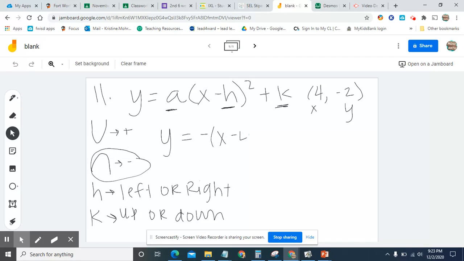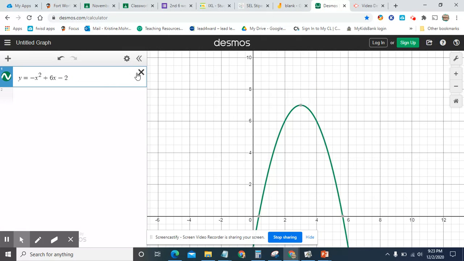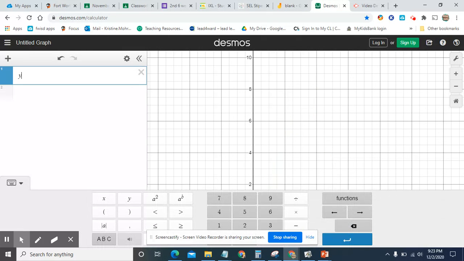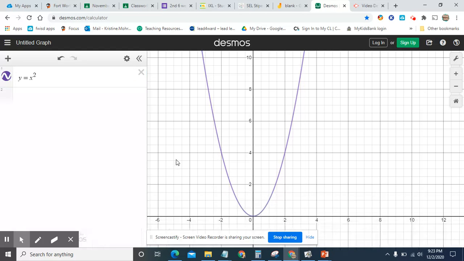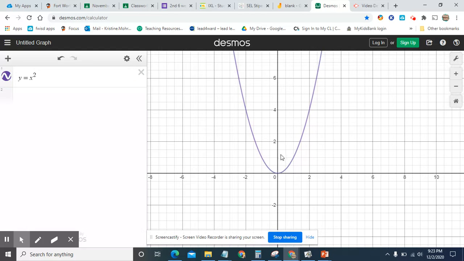So let me show you this on a graph, and hopefully it will also help make a little bit more sense. On a quadratic, you have just the standard one. We call it a parent function. It's y equals x squared. So you can see here, y equals x squared.